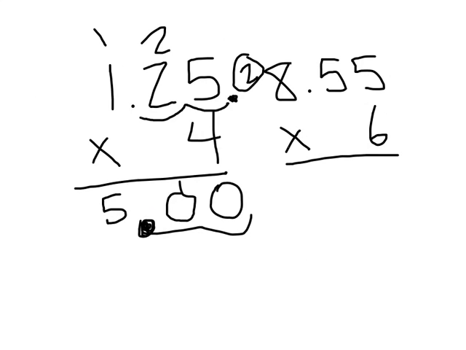Now you try one. 8 55/100 times 6. How many digits will be behind the decimal in my answer? There are 2 digits behind the decimal because we have a digit in the hundredths place. So my answer will also need 2 digits behind the decimal to have a digit in the hundredths place.